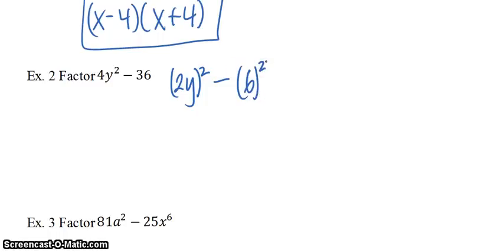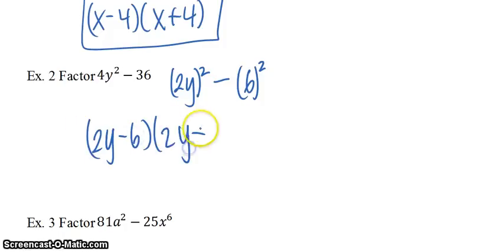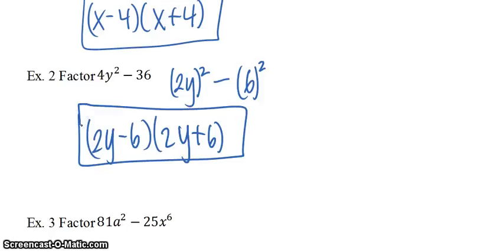So now that I have my a and my b, I can do 2y minus 6 and 2y plus 6. So there you have it. Again, you don't have to write this every time, but it's a good way to help you realize what you're going to do.